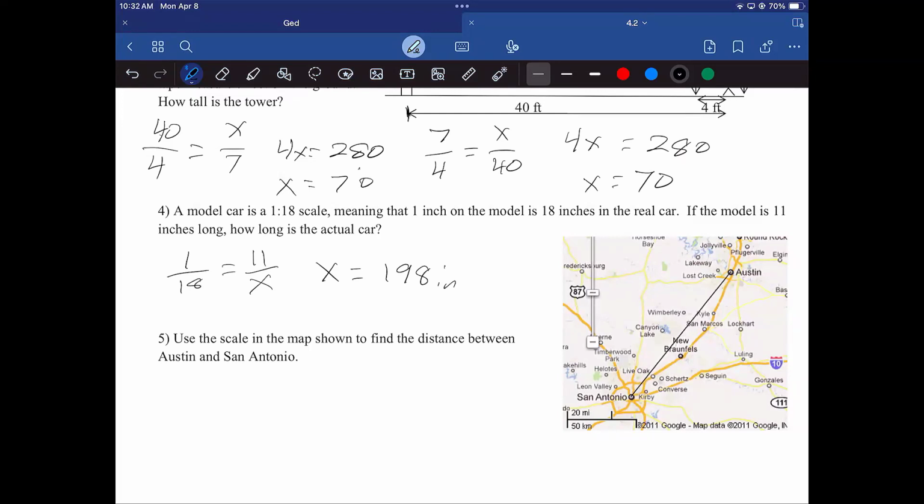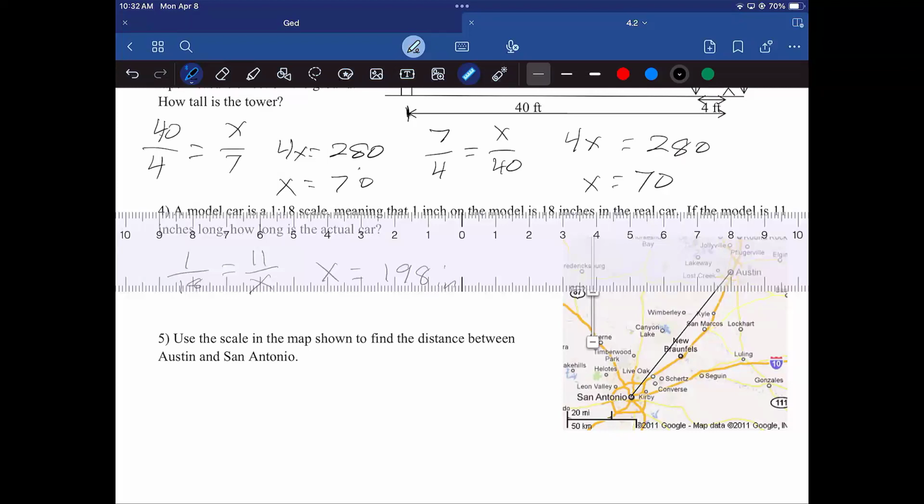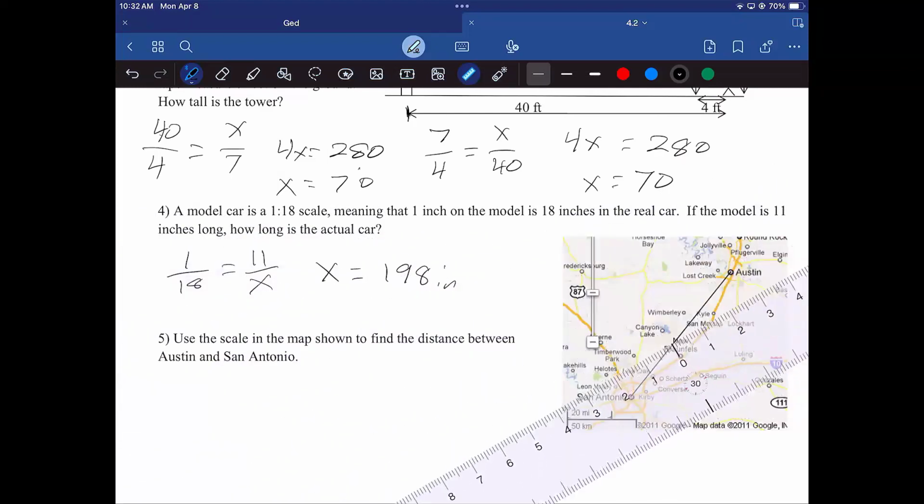Okay. So on that, it wants to know that if this line is 20, then how many segments of that line would there be? Well, we could measure it. Let's pull out our ruler and see if we can't figure this out.